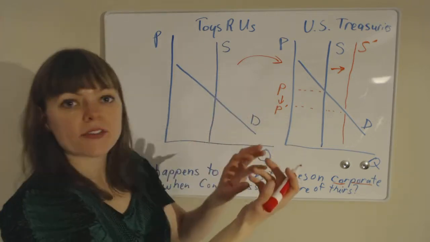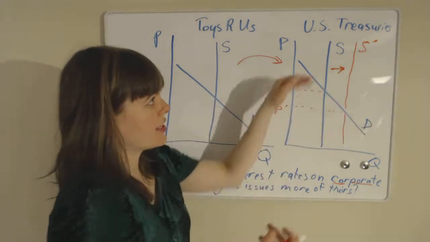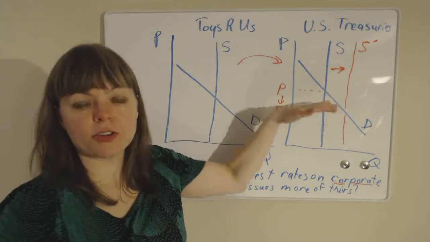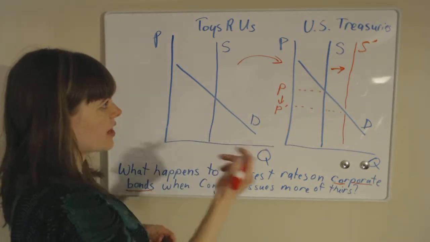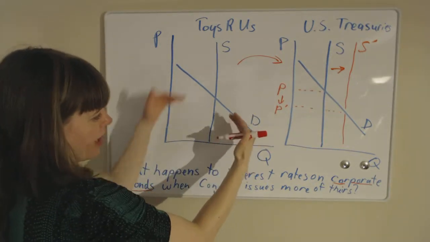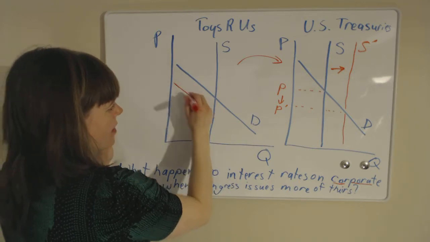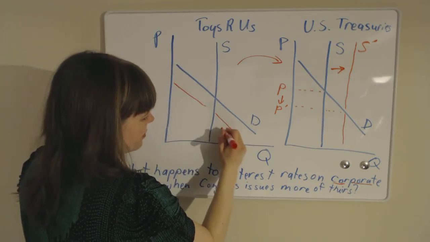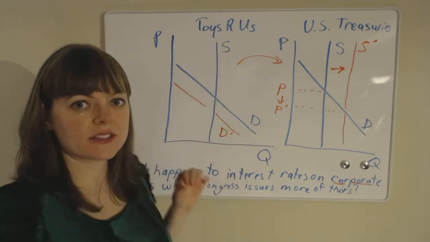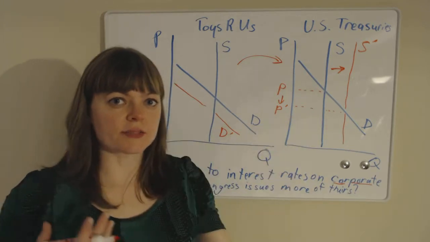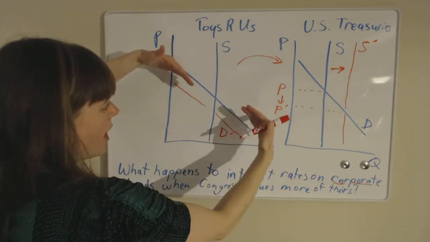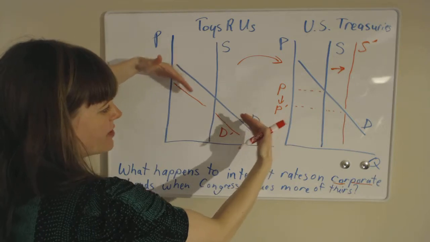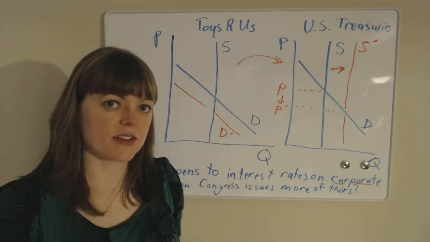People take their money out of Toys R Us bonds and buy up these new, cheaper U.S. Treasuries. And when they do that, of course, our demand over here is going to decrease. And that happens because when people take their money out of Toys R Us bonds, that means they're trying to sell those bonds or get rid of them. So anytime people are selling bonds, that's going to decrease the demand.